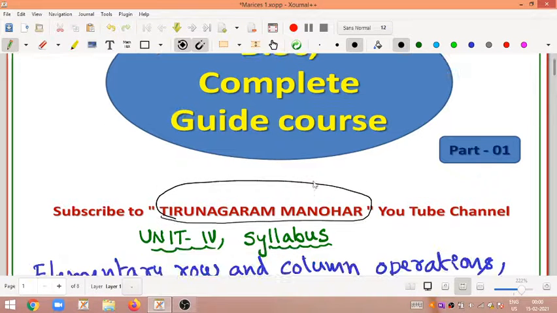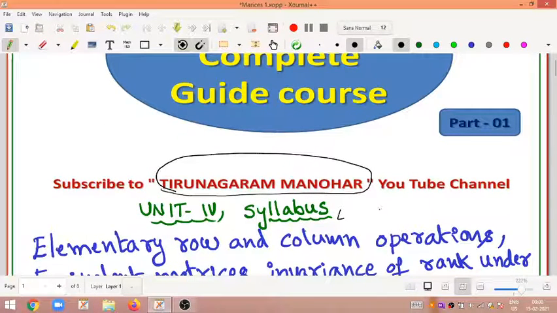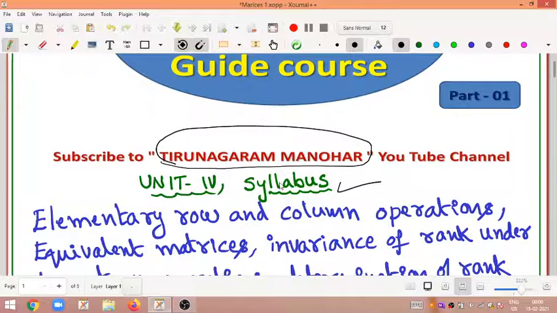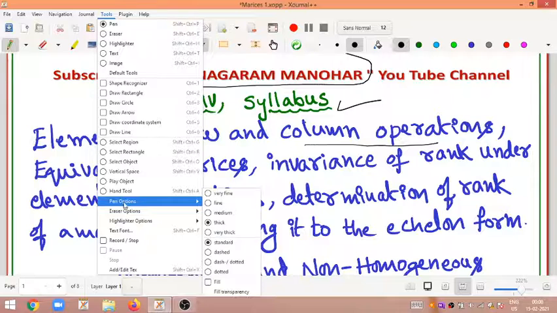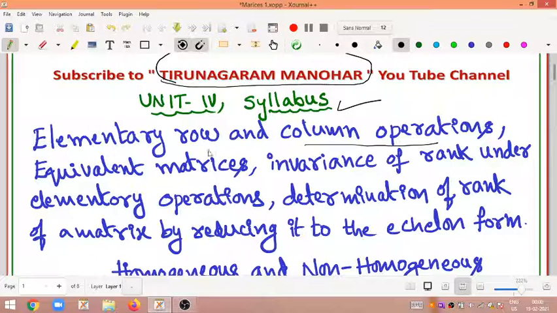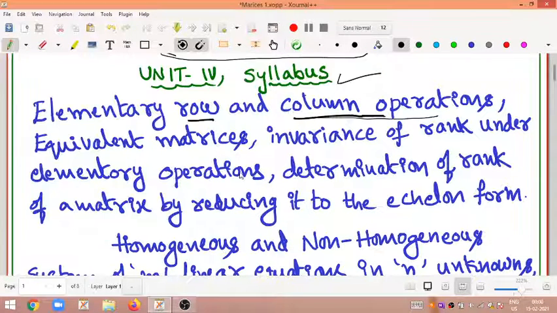Now comes to the syllabus for the matrices. First, elementary row and column operations. Next, equivalent matrices, invariance of rank under the elementary operations.